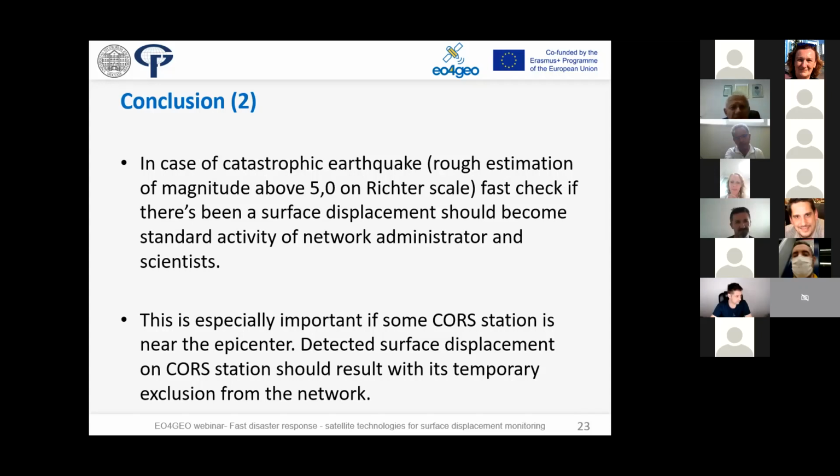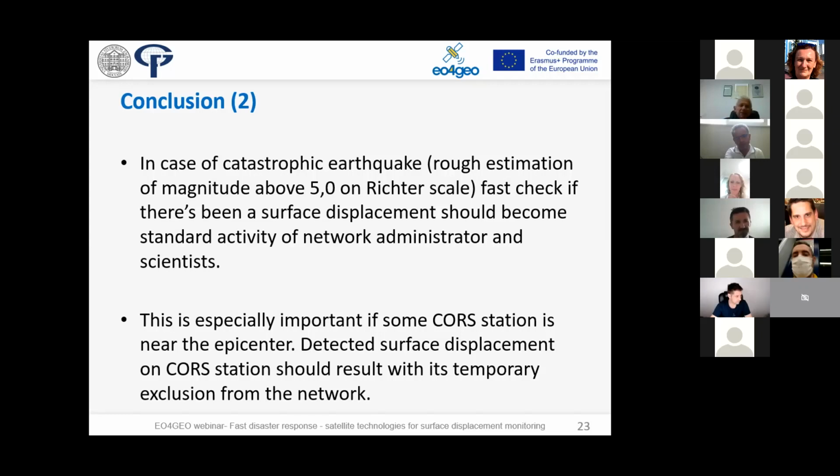So in case of what we call catastrophic earthquakes, a fast check for surface displacement should become a standard activity of a GNSS network administrator and scientists.